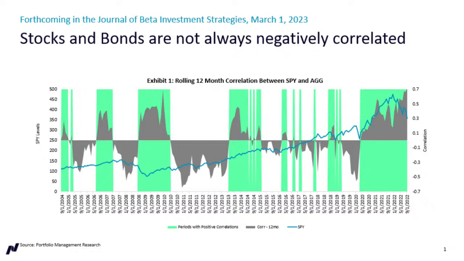We go into further detail in the paper and show that when stocks are rising, that correlation is often negative. But when stocks are falling, unfortunately, that correlation often goes flat or even slightly positive. So that traditional role of bonds serving as a hedge for equities may not hold out in the future.